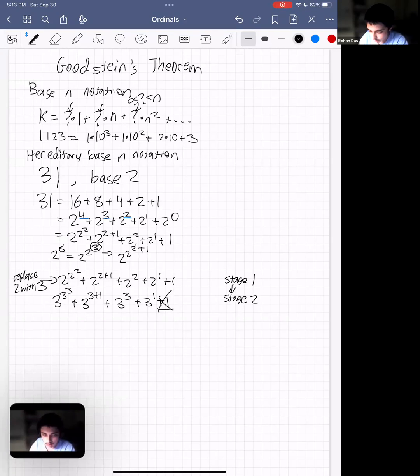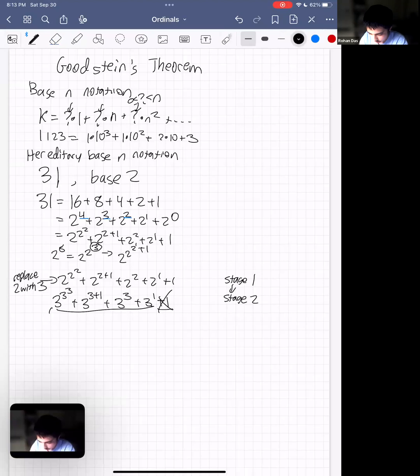If we didn't have that plus 1, like if we were working with 30, for example, and we were trying to subtract 1 from this, we would have to remove it from hereditary base notation for some time. And we can, for example, compute this as a number, subtract 1 from that number in the normal base 10 system, and then convert it back.